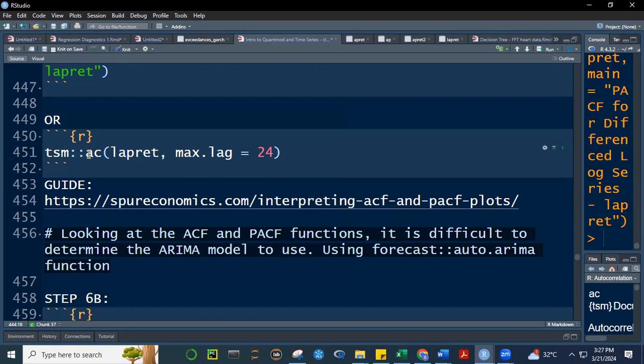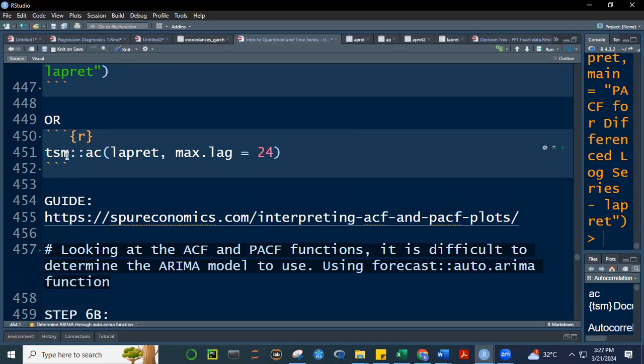So how about this? Ito mas madali ito, class, no? Using the TSM package, kaya nga sabi ko sa inyo, it's important that we load this package, and then just use the ACF function, autocorrelation ng log APRAT. Yung maximum lag, class, you're just getting the lag ng 1, 2, 3, 4. Pwedeng 12 yan, pwedeng 16, pwedeng 18.